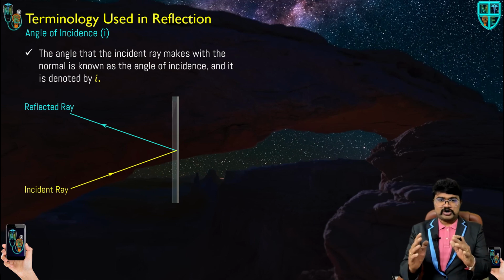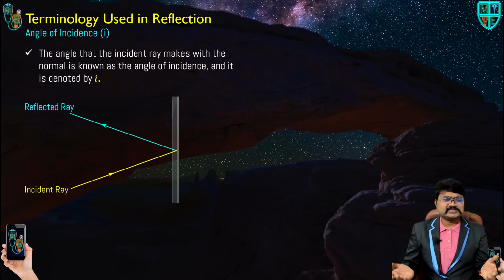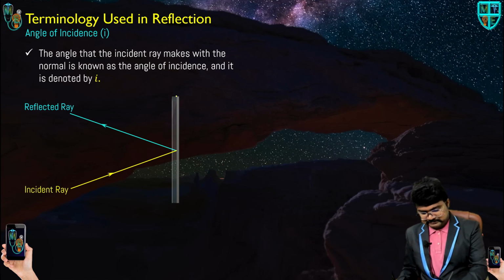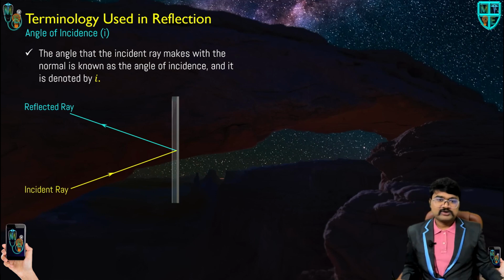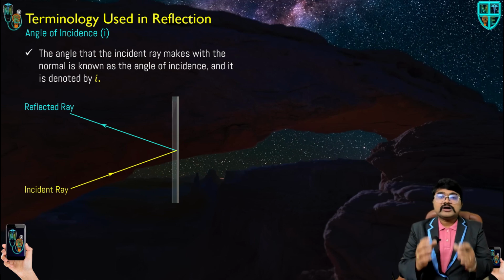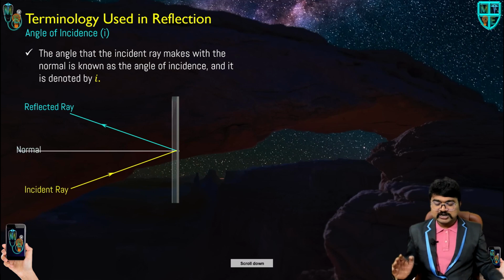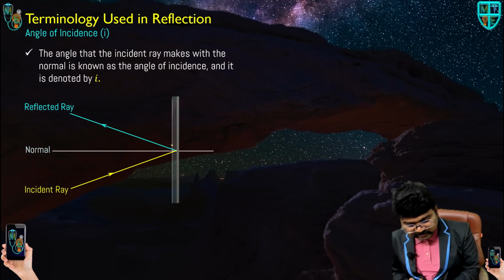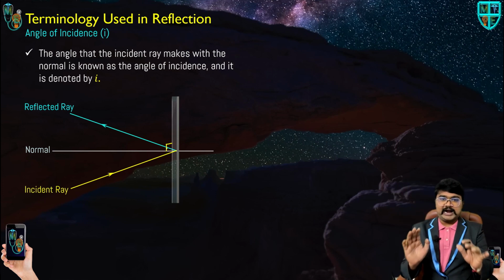Now we need to draw the normal to the plane surface, the mirror or polished surface. We need to draw the perpendicular, the normal, to the surface.